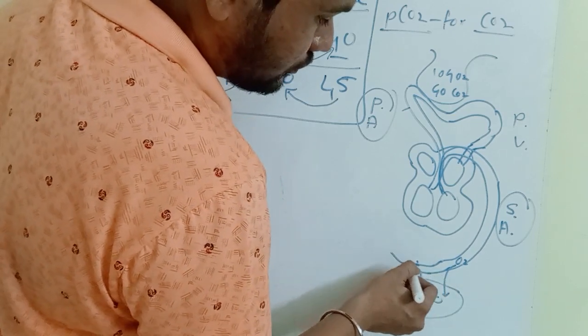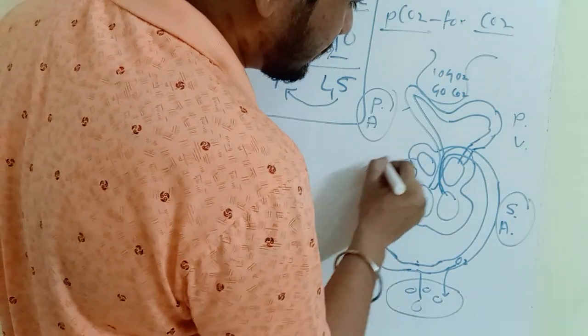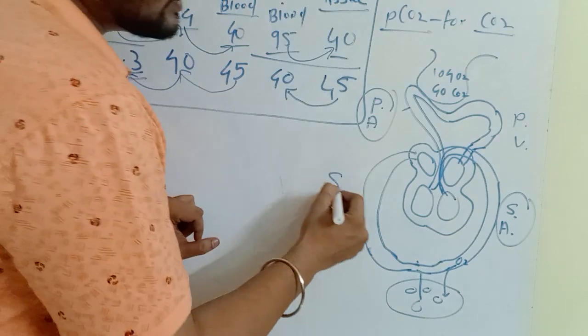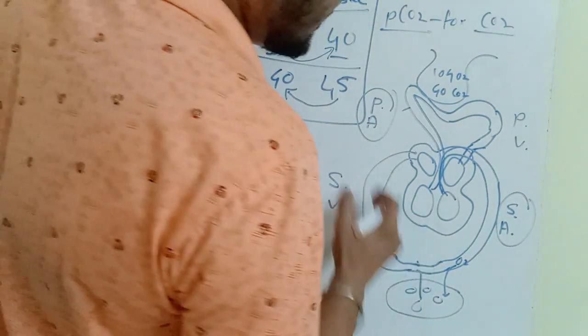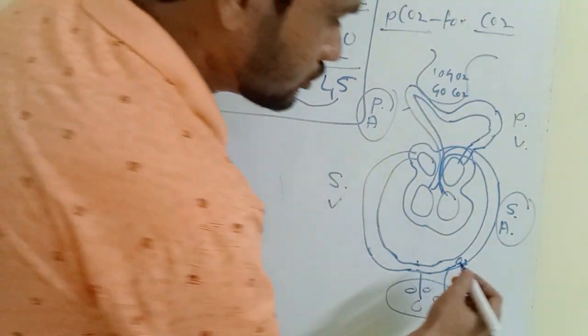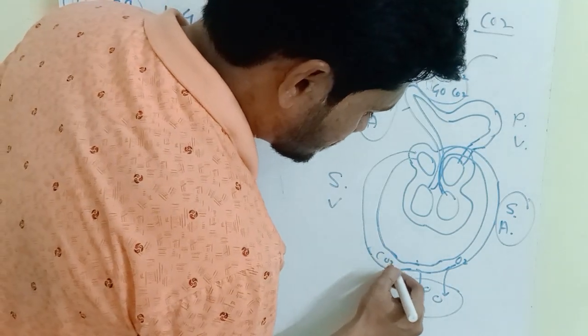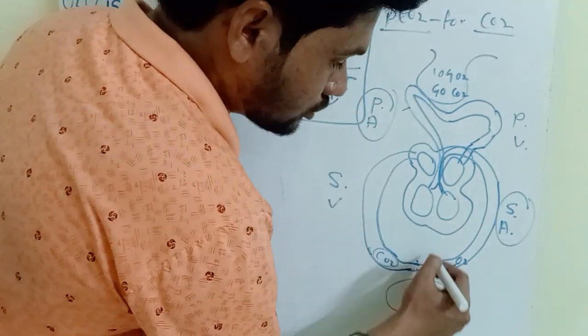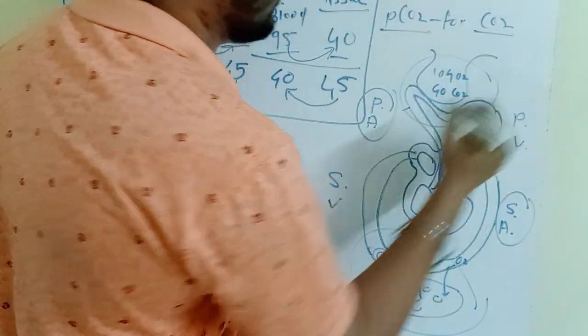Then this CO2 will be brought back to the heart by the systemic vein. So this is the movement of CO2 and oxygen. Here O2 is going inside the tissues, and CO2 is going inside the blood. So here gas exchange occurs, and here gas exchange is occurring.